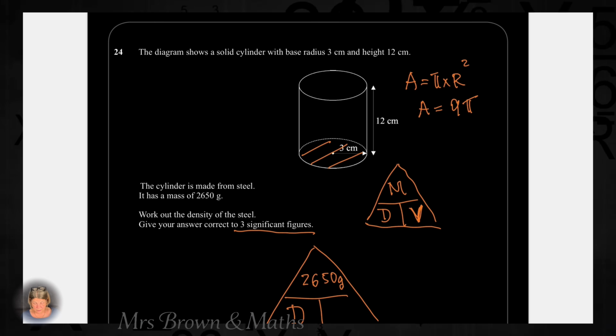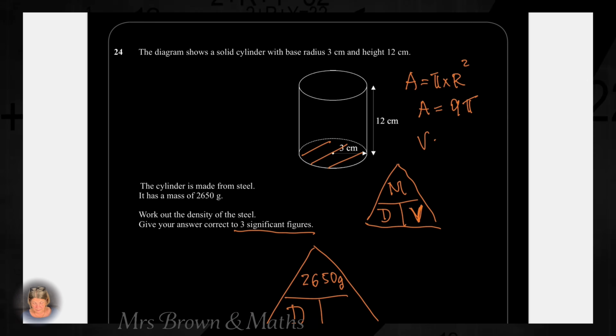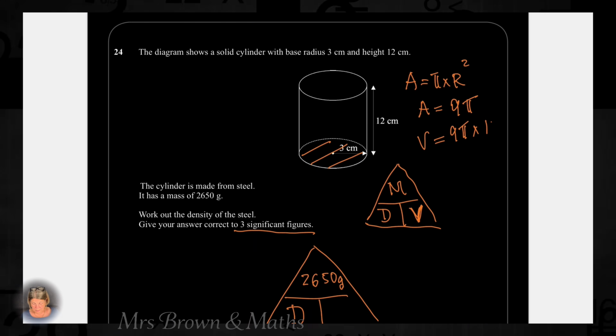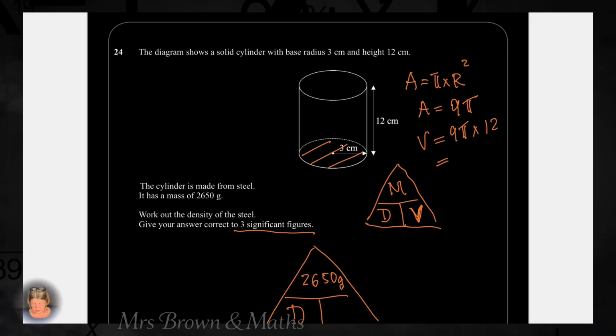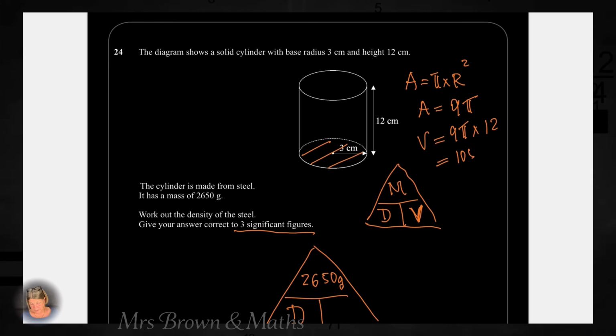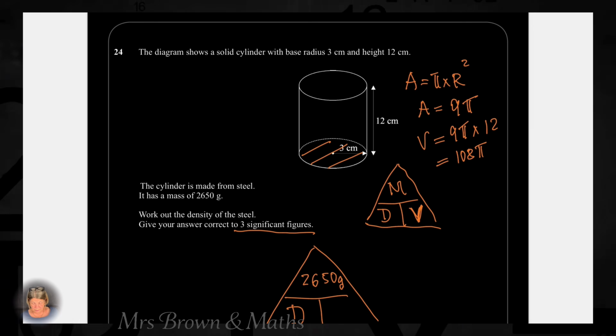To work out the volume will be 9 pi times 12, which is 108 pi. Right, I will leave it for the moment in terms of pi.